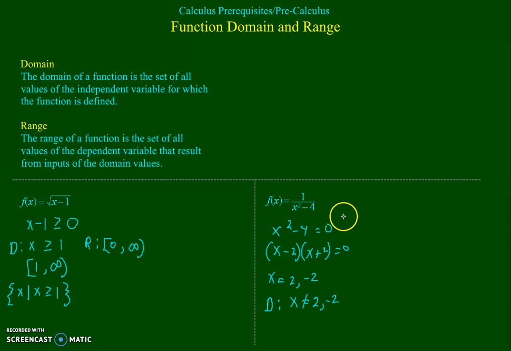As it approaches 2 from the right, it's positive, so this expression becomes increasingly positive and goes to positive infinity. If you remember the laws of horizontal asymptotes, since the denominator is increasing faster than the numerator, this function never reaches 0. So y equals 0 is a horizontal asymptote. And the simplest way to specify that is the range is y doesn't equal 0, which means it equals everything else.